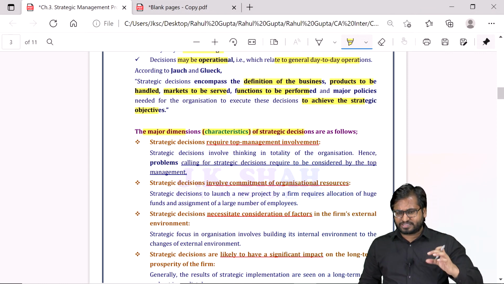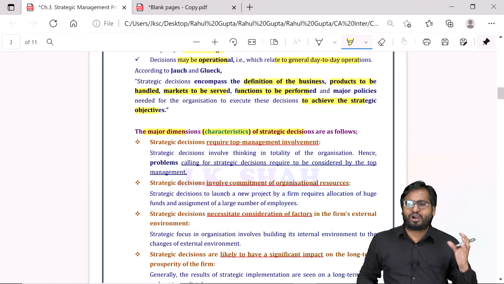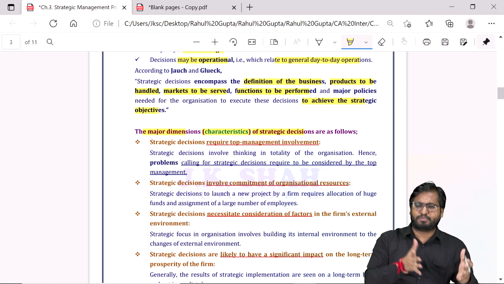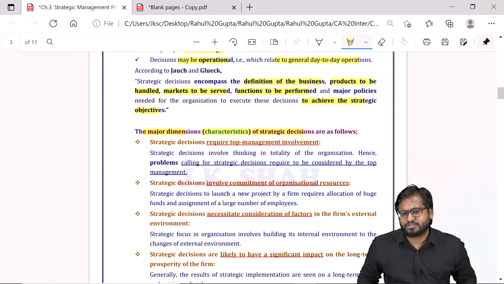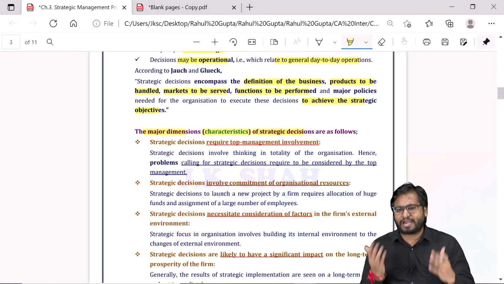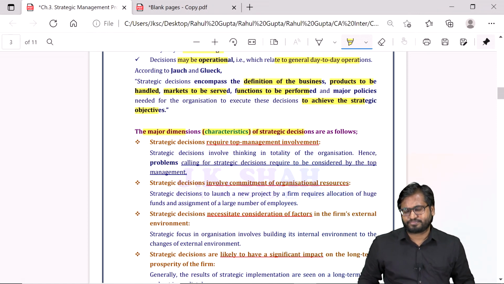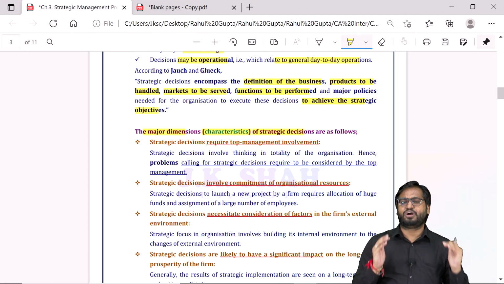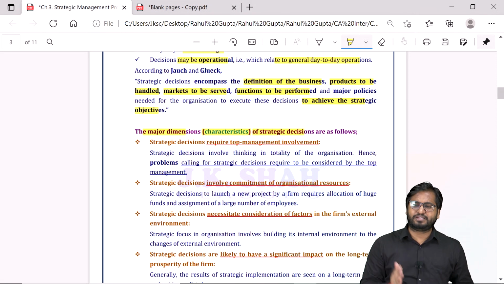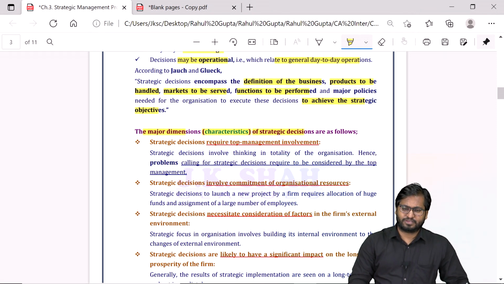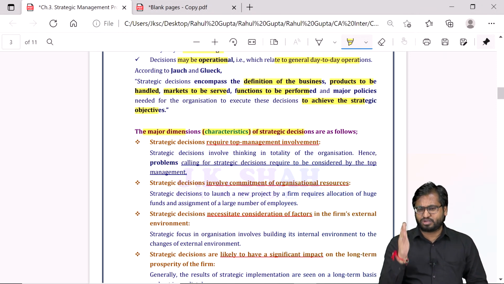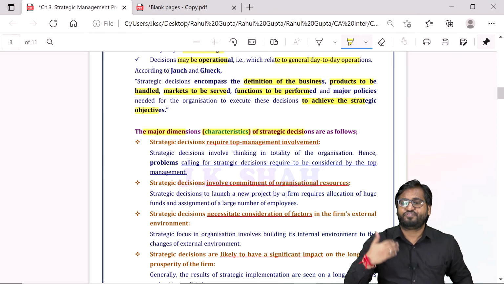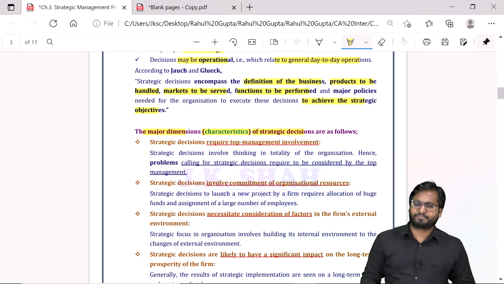So somehow the other businesses will not get enough money because our entire focus, our entire concentration will be on this new business. So this can have an impact on other businesses, other functions, other departments. So this is the meaning of multifunctional or multi-business consequences. Strategic decision is always taken keeping in mind the future. It is futuristic, future oriented.